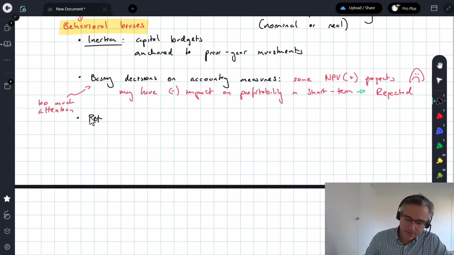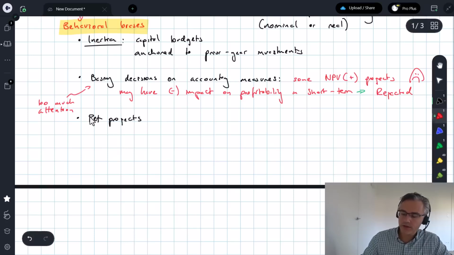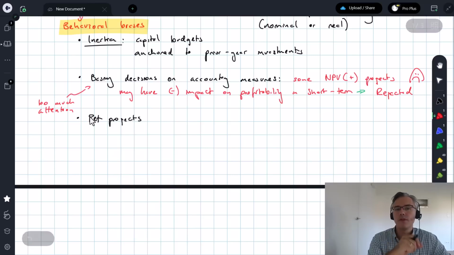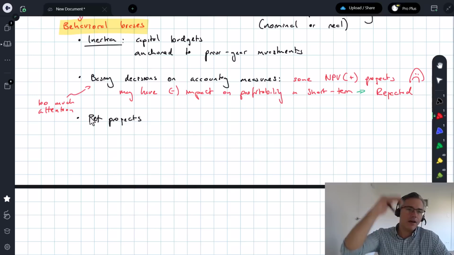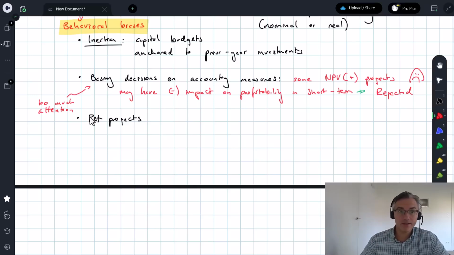Now, the next one is pet projects. Pet projects are those projects which are pushed forward because somebody, typically a senior decision maker, wants that project to go ahead because it's theirs.